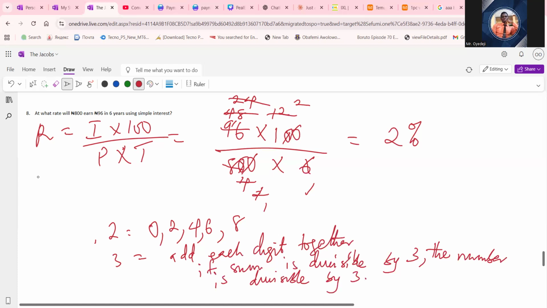For example, let's look at 96. 9 plus 6 is what? 9 plus 6 is 15. 15 is divisible by 3. That means 96 is divisible by 3.